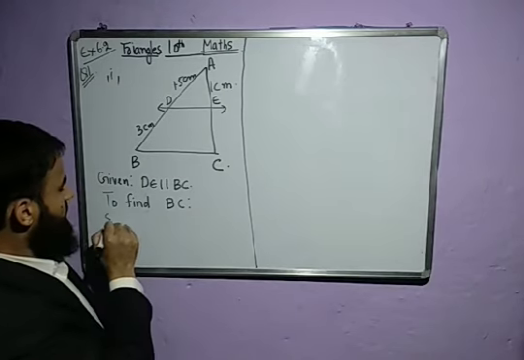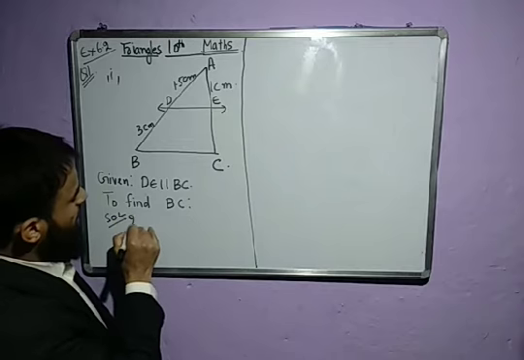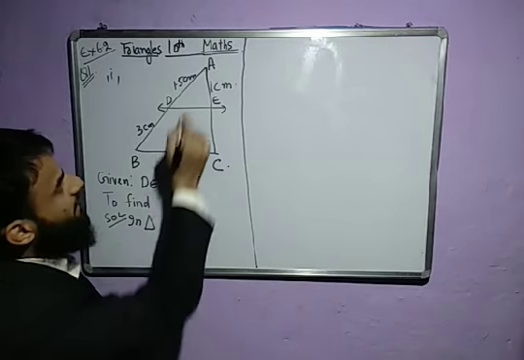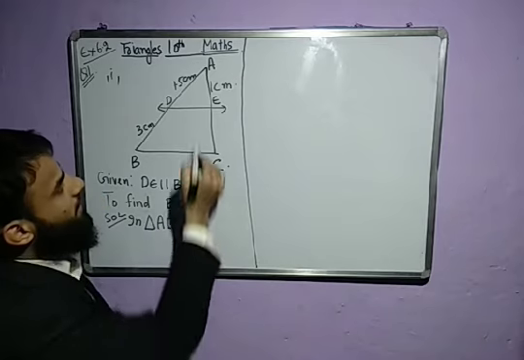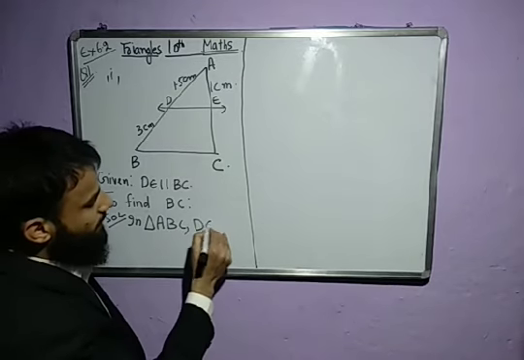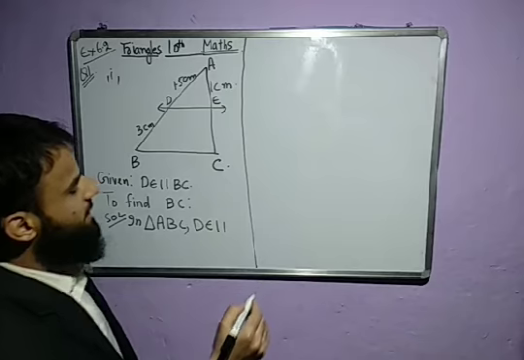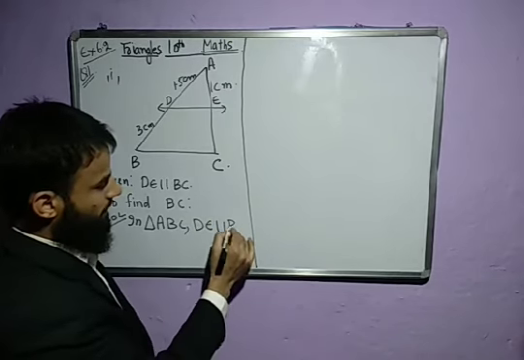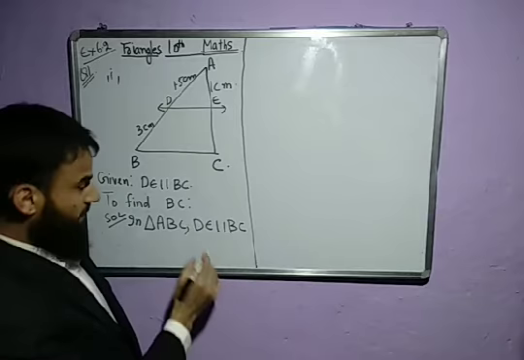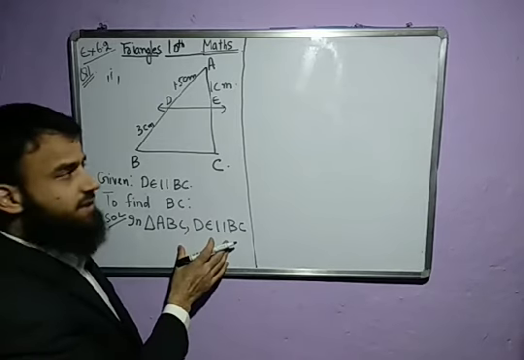So solution. In triangle ABC, DE is parallel to BC. So I can use here the basic proportionality theorem.